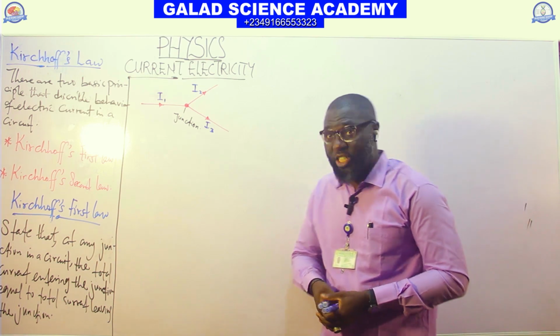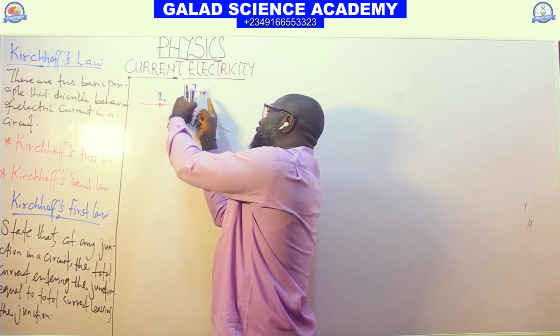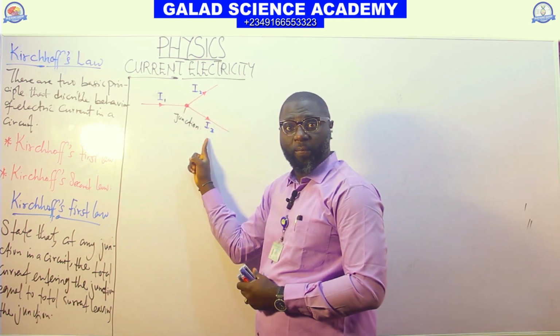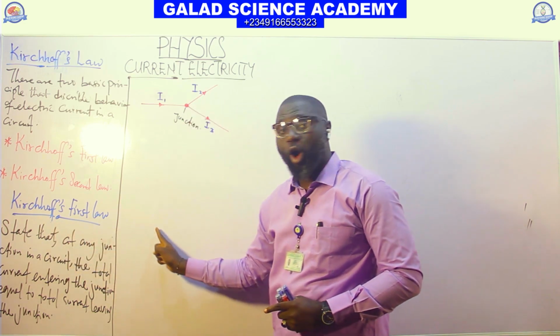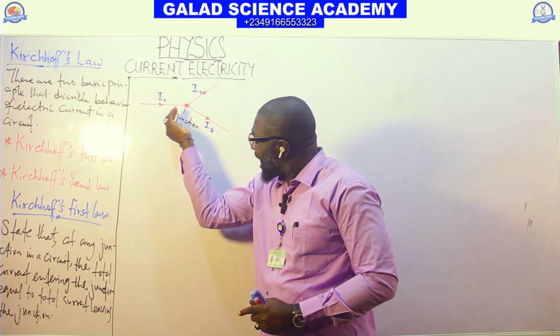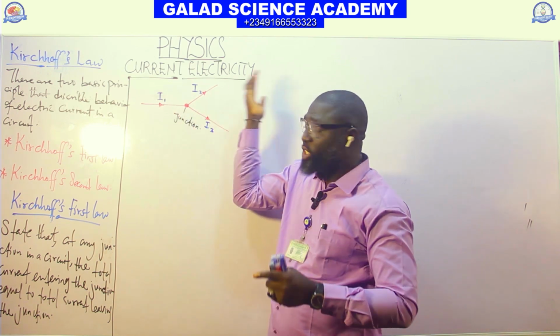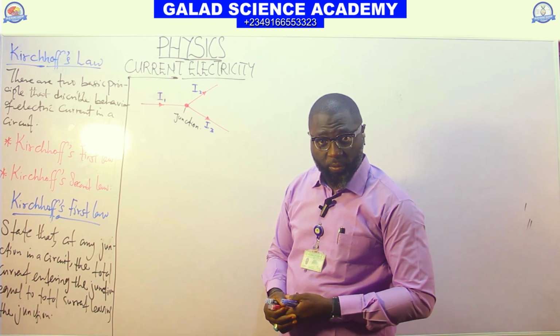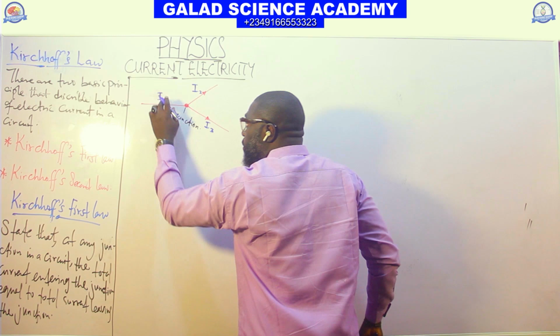You can see from the sketch that the current coming from this side, getting to the junction, splits into I2 and I3. That is what the first law is telling us. The total current moving into the junction is equal to the sum of the currents leaving the junction.